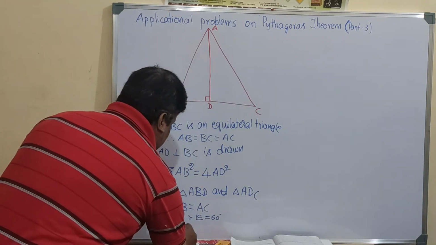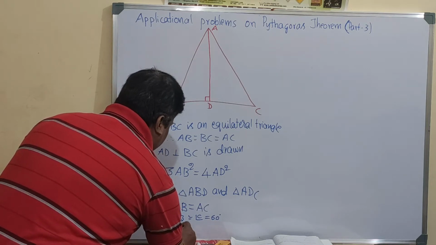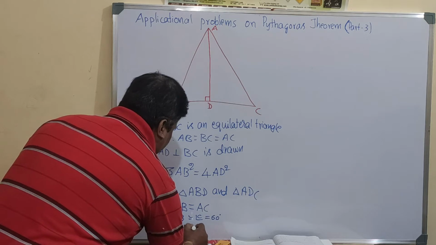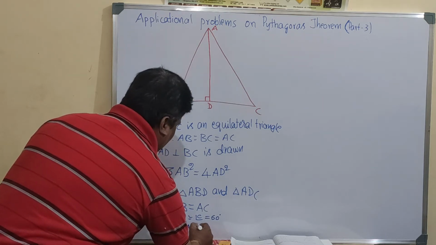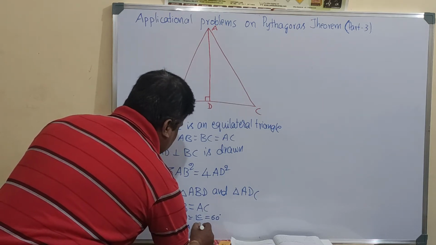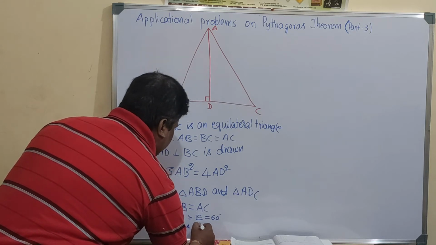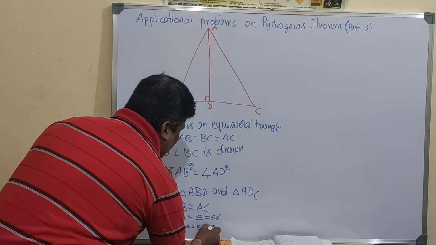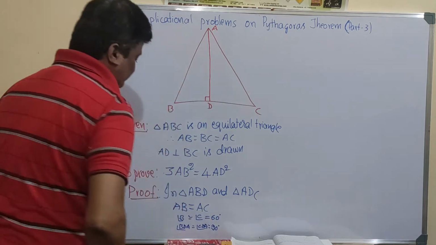In triangle BDA, angle BDA is equal to angle CDA, and each is equal to 90 degrees.